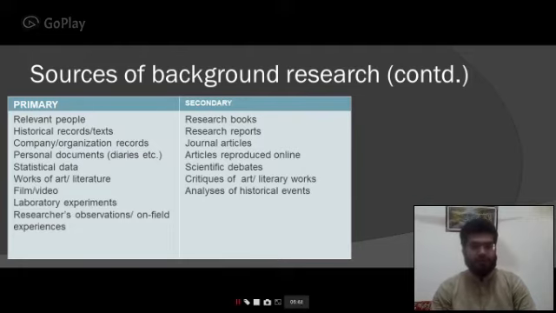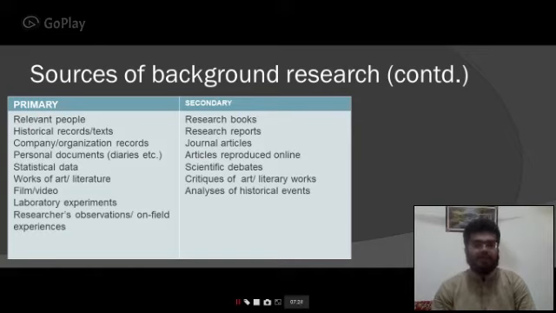Similarly, historical records or texts, company or organization records, personal documents like diaries, statistical data, works of art or literature, film or video, laboratory experiments, researchers' own observations or on-field experiences. So all of these qualify and are categorized as primary sources. Sources that we use to base our research on, to start our research from.